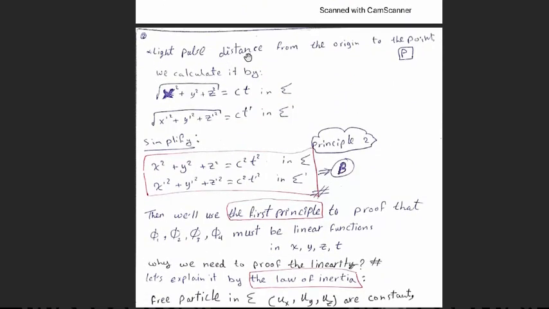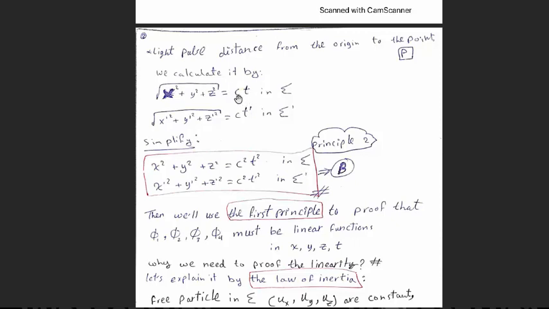The distance that this light pulse passed from the origin to the point P, we can calculate by this equation, because the speed of light is constant. These are our components of the motion in the x, y, z directions. This is the speed of light, c, and t is time.